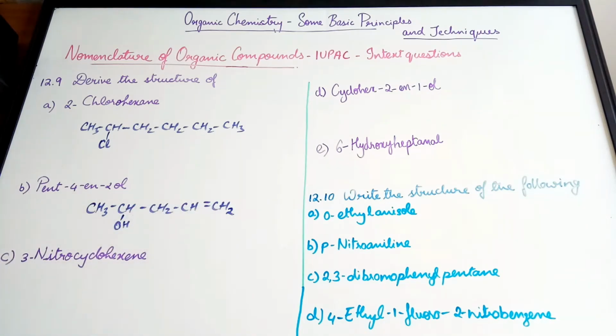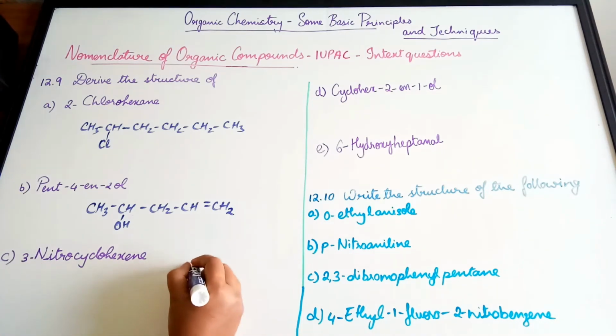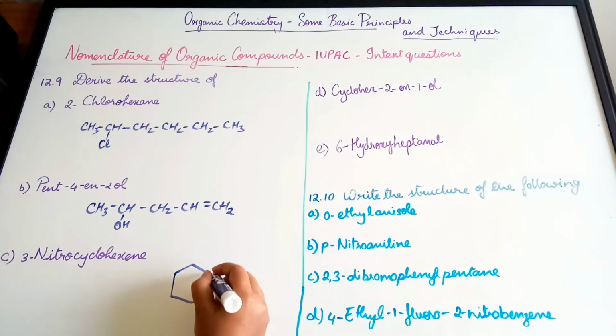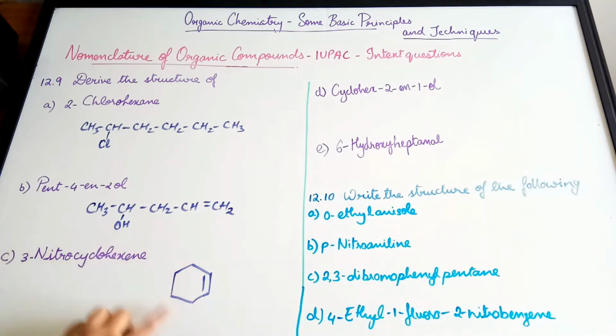Next, 3-nitrocyclohexene. First of all, this is a cyclohexene ring. So let's draw cyclohexene. Now, according to what we've learned up till now, the double bond in the cycle should have the lowest pair of locants, that is 1 and 2. The double bond is going to be between numbers 1 and 2.